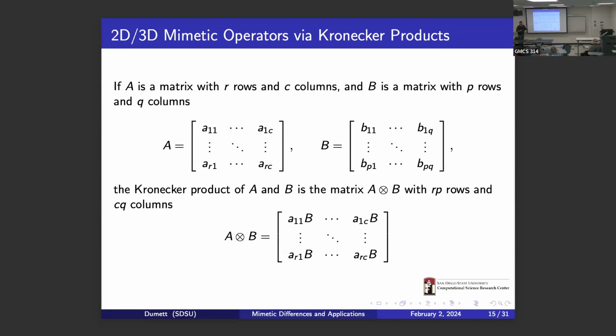Now I will talk about what happened. We have seen what happened in 1D. Now let's talk about what happened in 2D and 3D. So the way to do it is via the Kronecker product. Just to refresh this concept, you have A as a matrix, B as a matrix. The Kronecker product is this entry times that matrix, the second entry times that matrix, and so on.